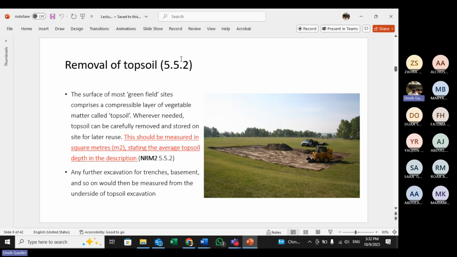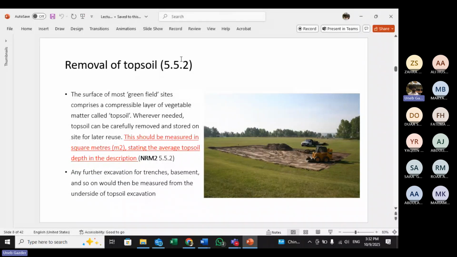It will save cost, because you don't have to buy soil, transport soil for disposal, or bring new soil from somewhere else. A lot of transportation and effort is saved, and you expect only a small variation in the soil properties because you are putting the same soil which you have removed. So this is good.